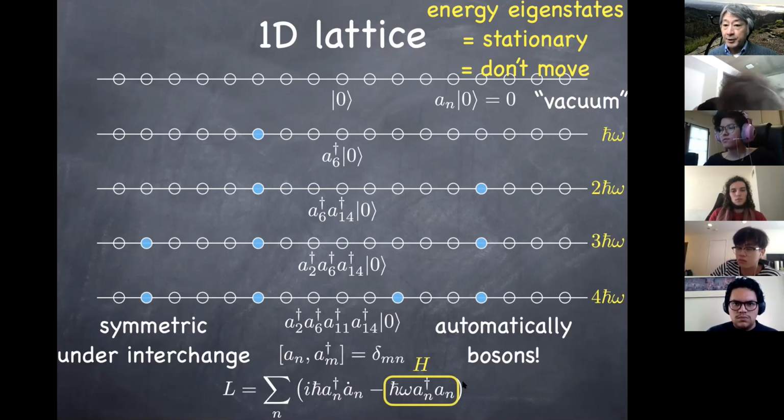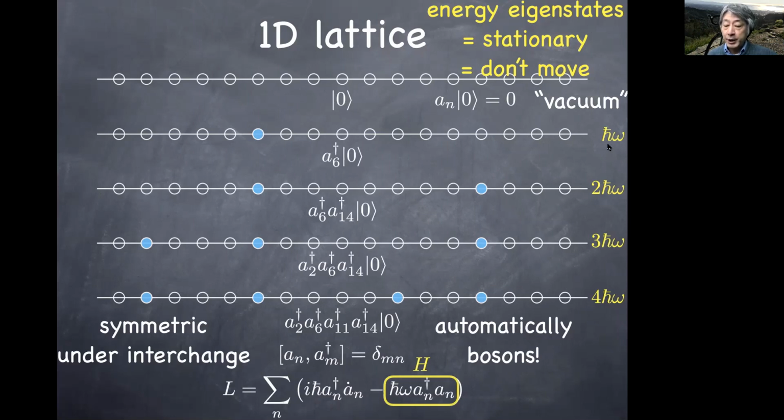And I'm dropping the constant term I'm not interested in for now. And you just sum them up over every site. So whenever you create a particle that costs you energy of h bar omega, each time you increase the number of particles, that costs you energy h bar omega. So that's the Lagrangian and Hamiltonian you got so far.